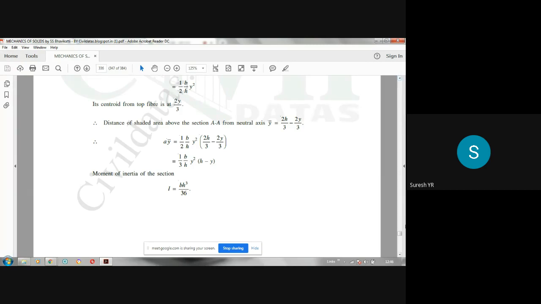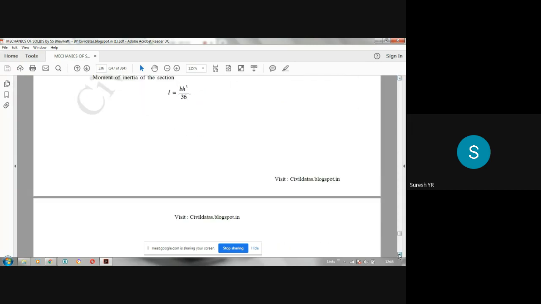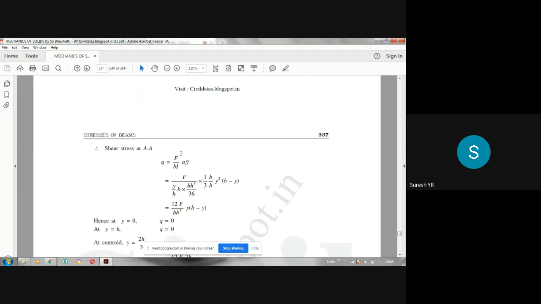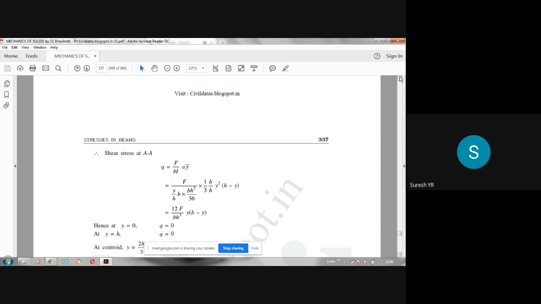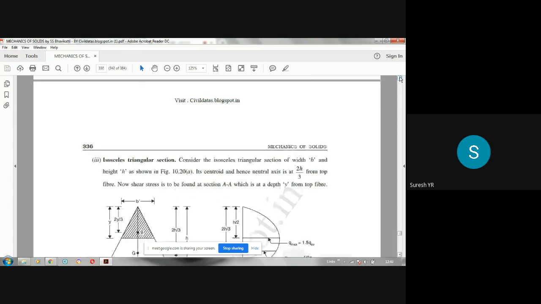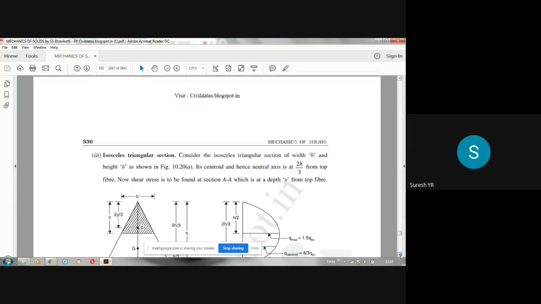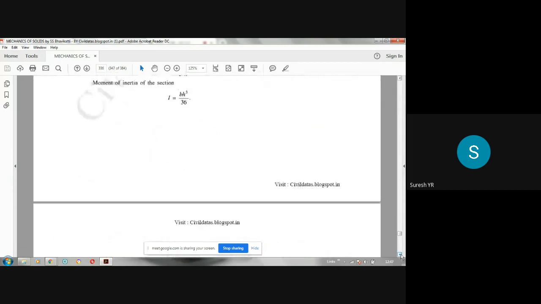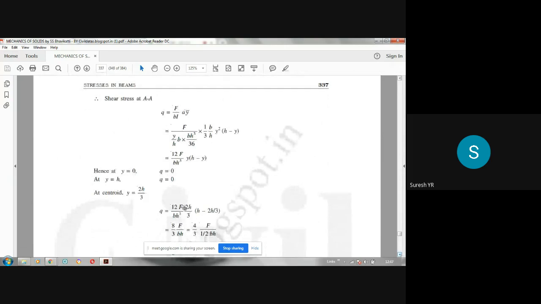What is that formula? You have got q is equal to f by b i into a into y bar. So what is f? F is the shear force which is constant, divided by b dash. Please note that we are calculating the shear stress here at this level. So at this level width is b dash. So instead of b we have to take b dash because we are calculating at that elemental strip level.